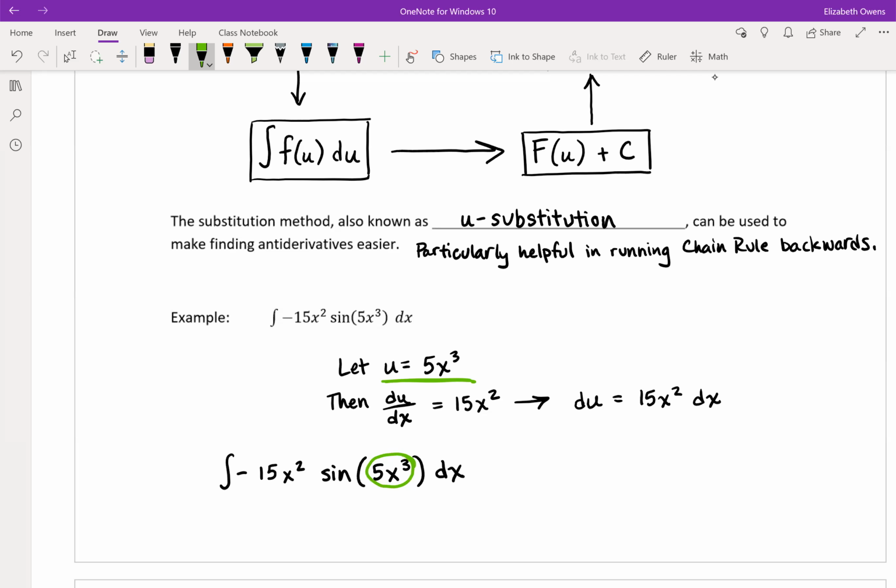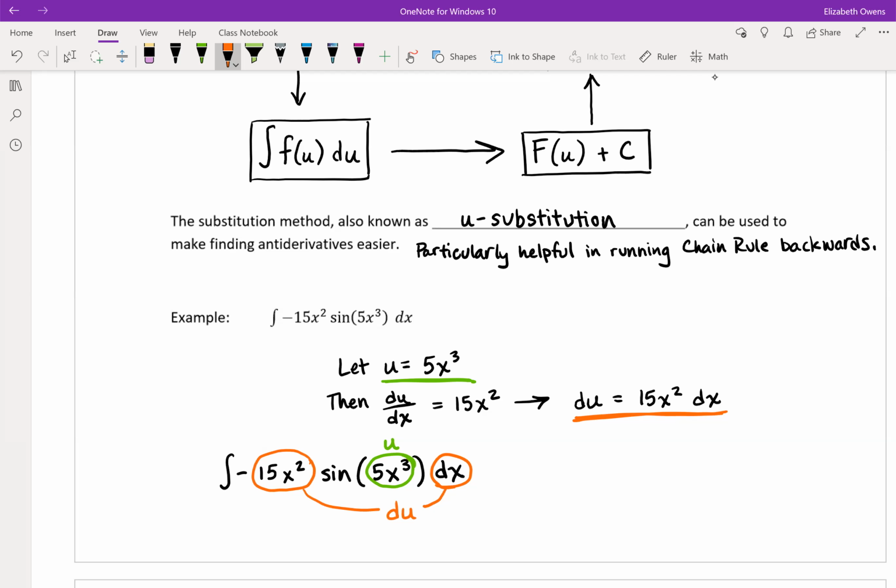So this inside here, 5x cubed, that is actually just going to be u. Okay. And then du is 15x squared dx. So 15x squared dx, those come together and are just going to get replaced with du.